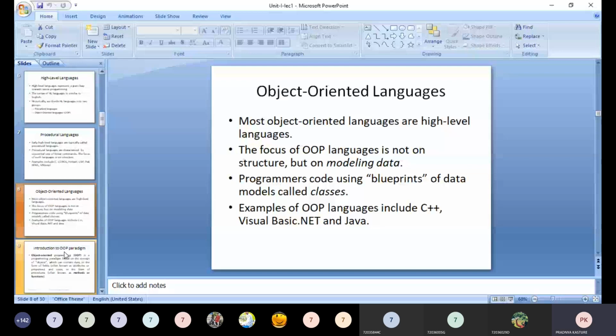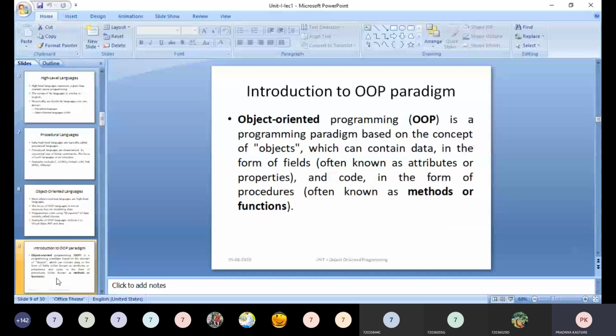OOP, or object oriented programming, is a programming paradigm based on the concept of objects, which can contain data in the form of fields, often known as attributes or properties, and code in the form of procedures, often known as methods or functions.